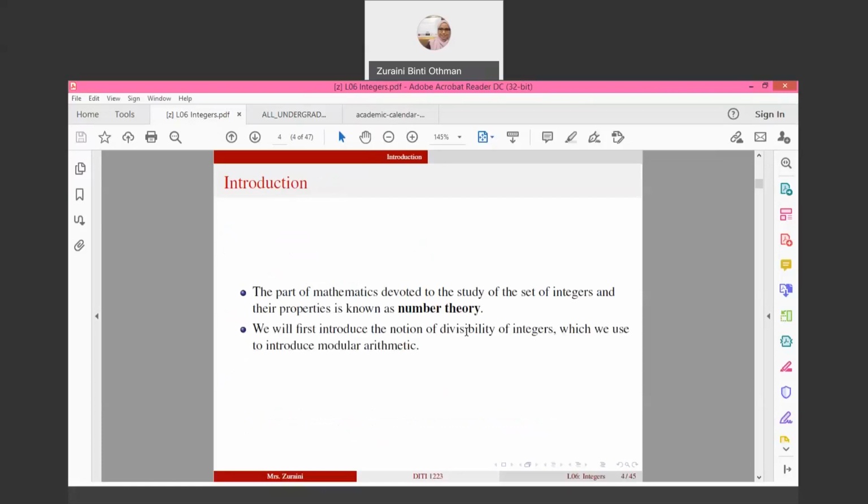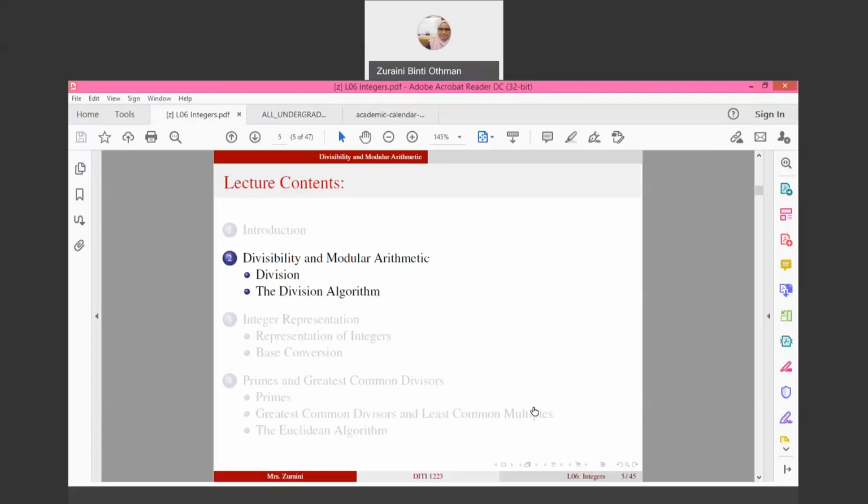As an introduction, the part of mathematics devoted to the study of the set of integers and their properties is known as number theory. We will first introduce the notion of divisibility of integers, which we use to introduce modular arithmetic.